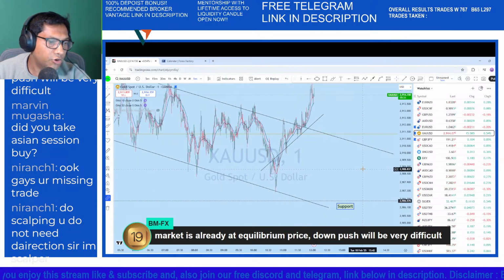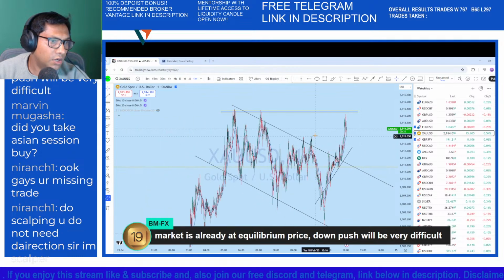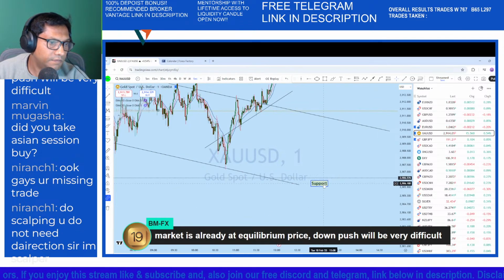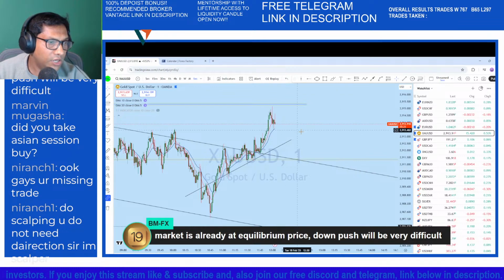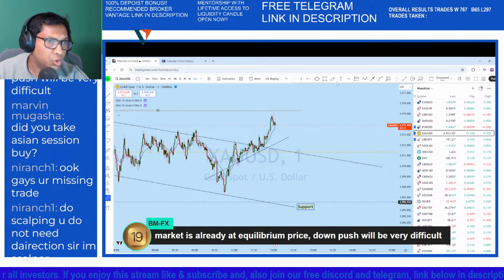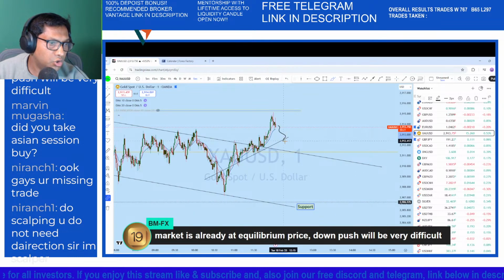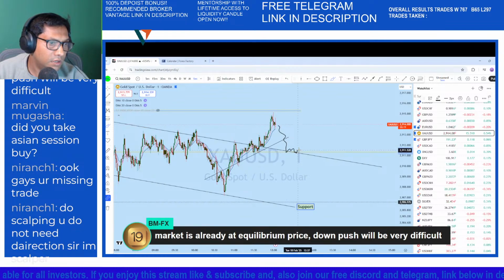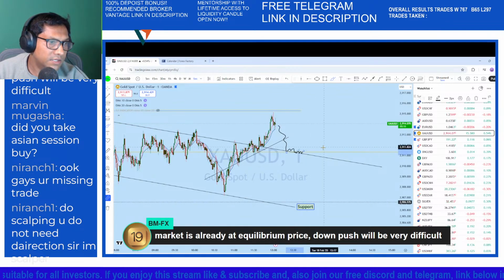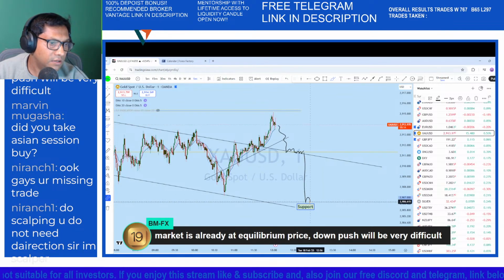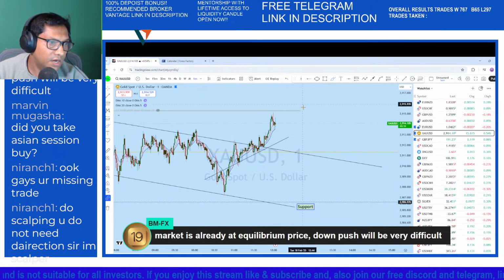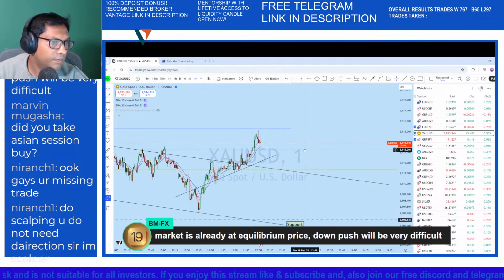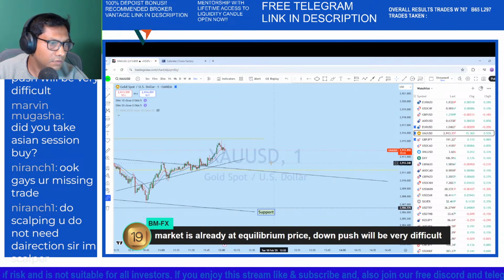So this is a support here, and also this is a resistance here. A very important level to look at. Here we can expect this market to potentially trend to that support, then move sideways, then drop again, and then move sideways. So look to see where the market might be heading.